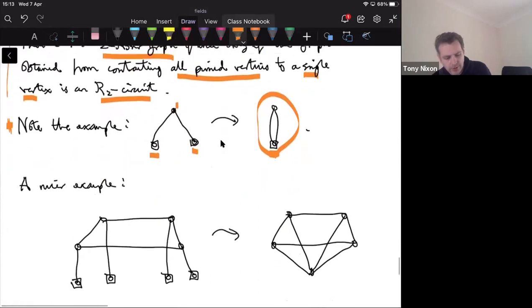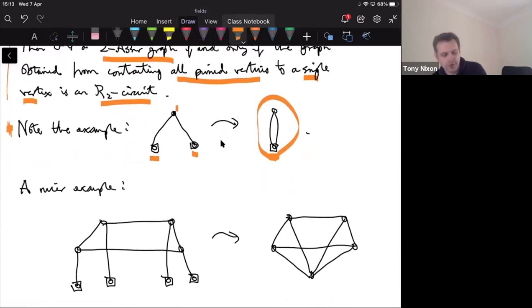A nicer kind of example you can get, and you can generalize this very easily, take any cycle. Here I took a 4-cycle of inner vertices and joined each one to a pin. As long as you use at least 2 pinned vertices, it doesn't matter whether you use n for your n-cycle or just 2 or anywhere in between, it will always be pinned minimally 2-rigid, it will be a 2SU graph.